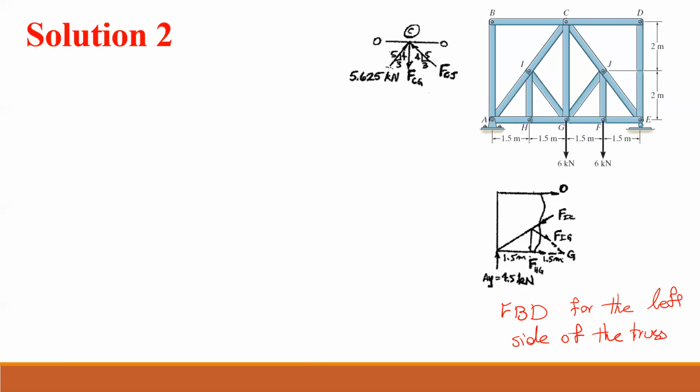All right. For here, I need to use some of the equilibrium equations. Usually, sum of the moment is the best one. Okay, can you tell me which point is a good point to get the moment? We want to find this force CG.